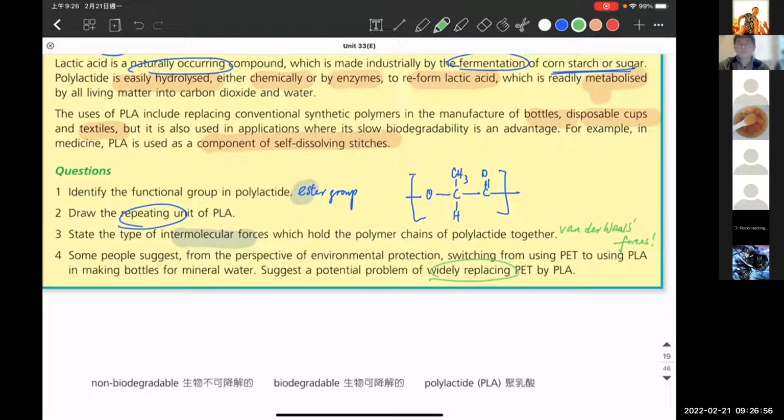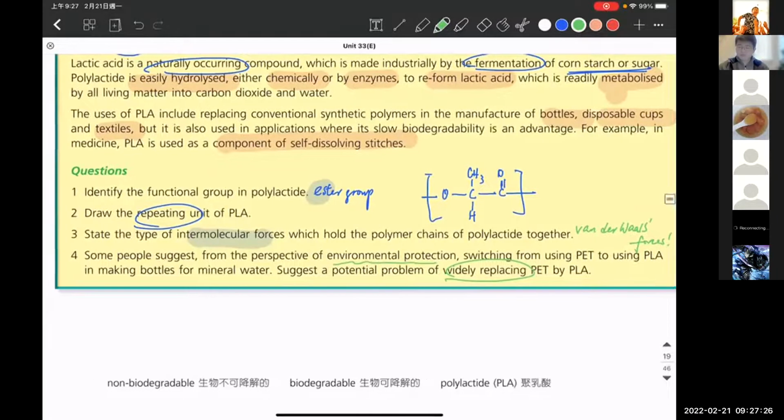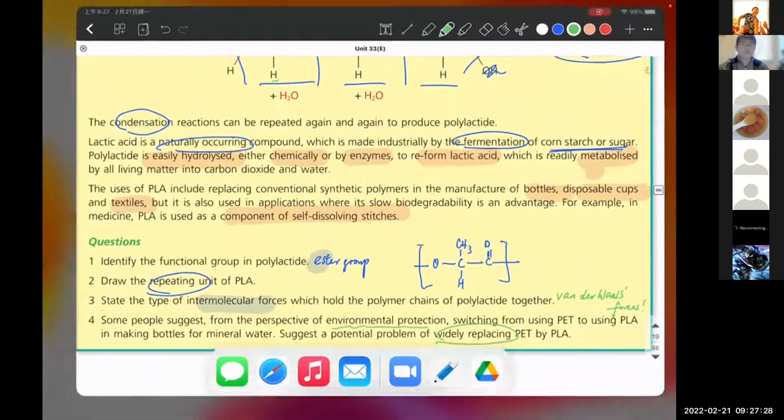What do you think? From the perspective of environmental issues, it seems that you need to think of another issue, other than environmental issues.